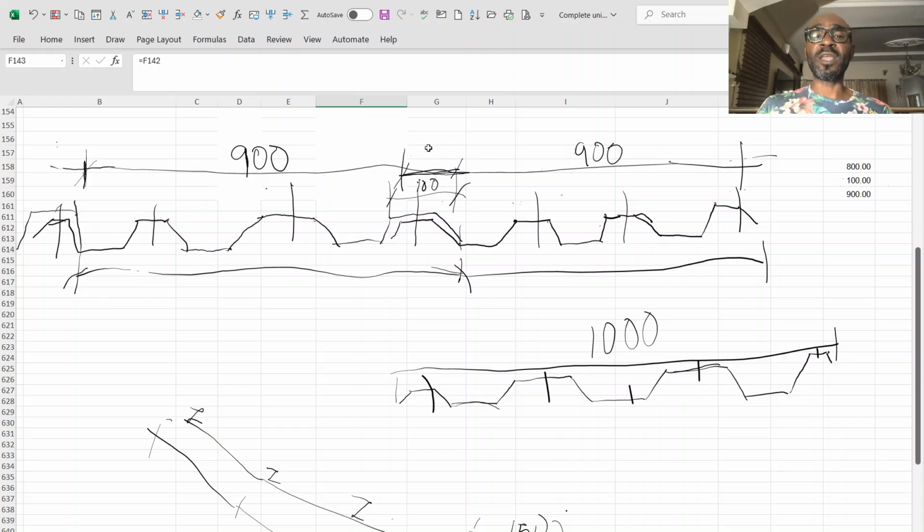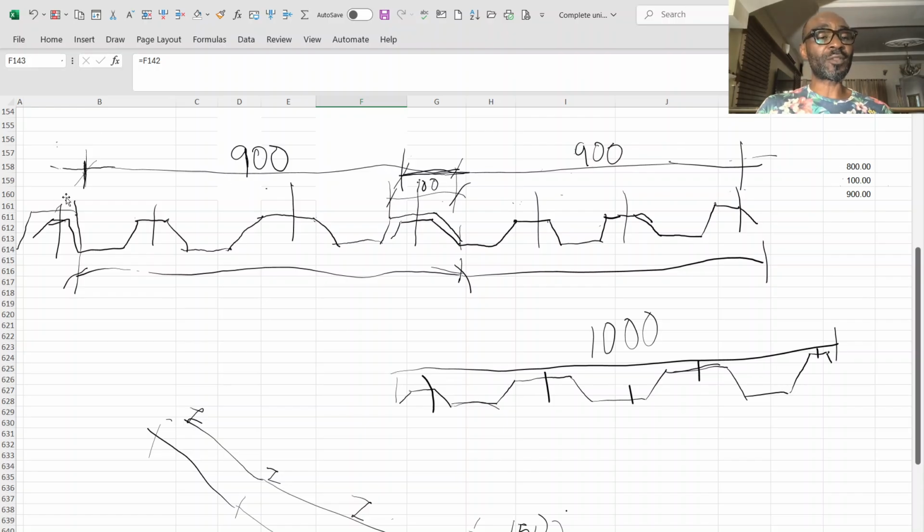Why is it 950? Because if you're taking center to center of the roofing sheet, from the nail point to the first nail point, rather than having 1 meter, here we're assuming the hip span is 100. So 100 divided by 2 added to 900 will give you 950.